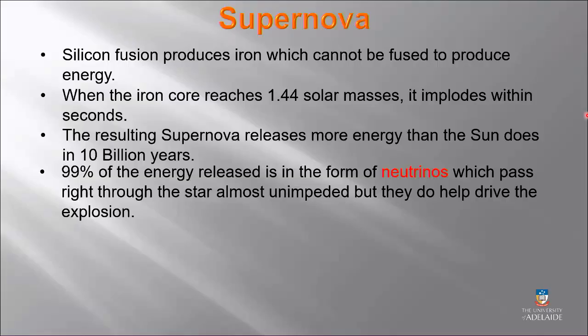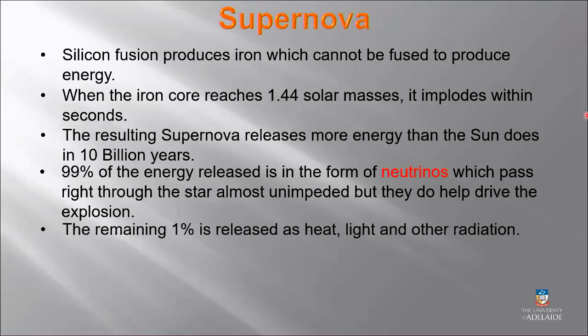They've done some modelling and they realised without the neutrinos, the explosion would stall before it reached the surface of the star. But with the neutrinos helping drive the explosion to reach the surface, the star then explodes. And the remaining 1% is released as heat, light, and other radiation.